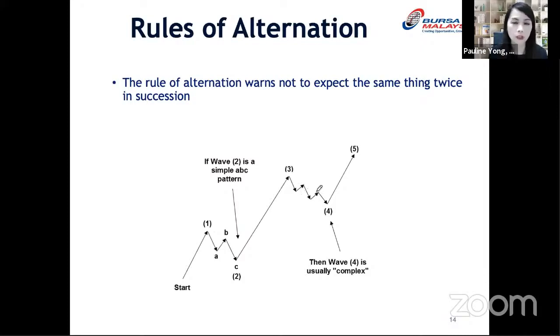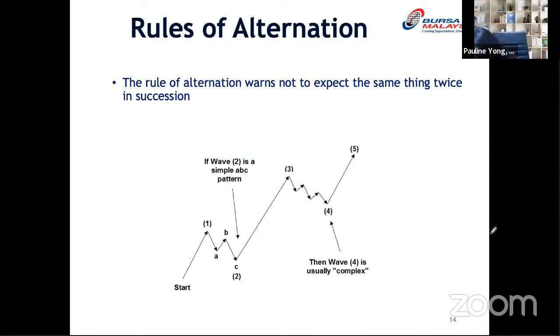What this rule wants to show is that the stock market is random, so you can't assume that it always appears the same. But anyway, we should be looking at wave number 2 and wave number 4 appearing differently. Even a slight difference is fine.